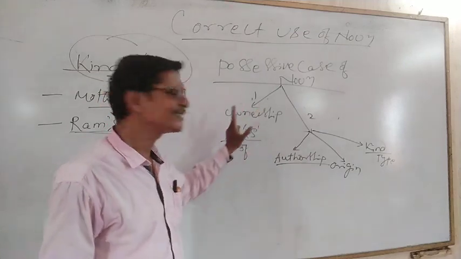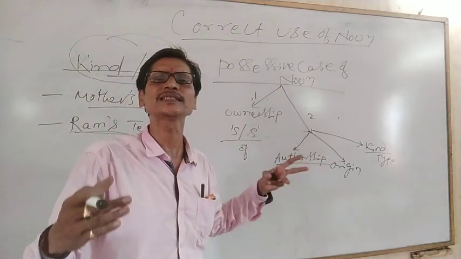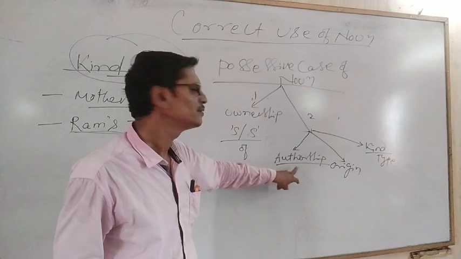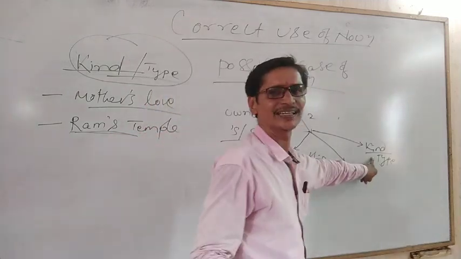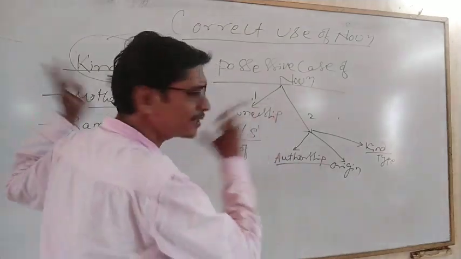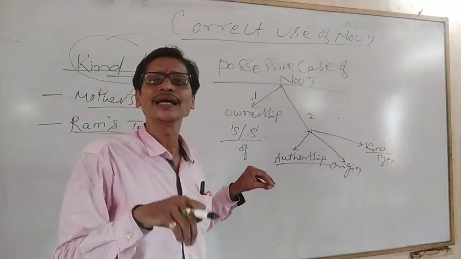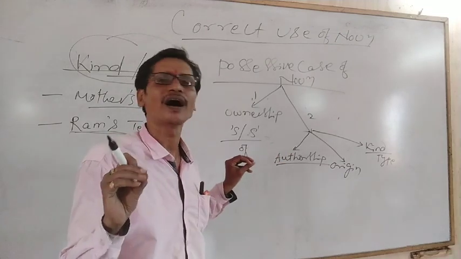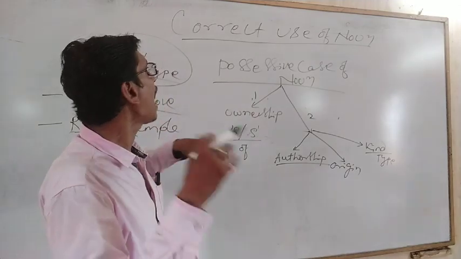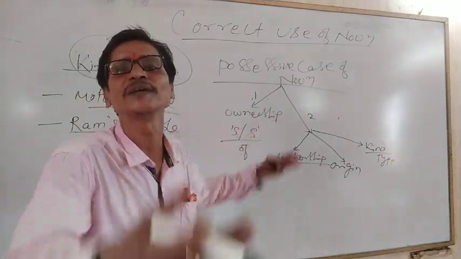Now, besides ownership, we also understood that we can make the possessive case of a noun to talk about authorship, origin as well as kind. For that, we discussed several examples. So we understood a little more about the possessive case of noun and how to make the correct use of nouns.